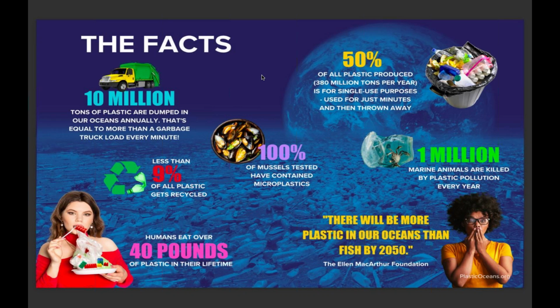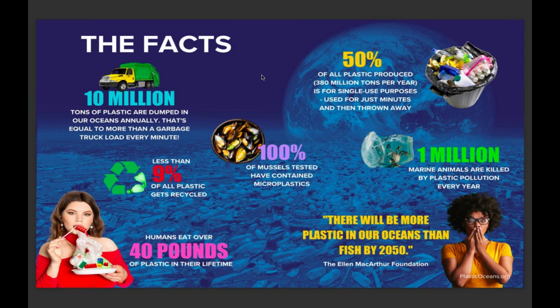With that brief background, now let's have a look at some of the facts. These facts have been taken from internet clippings. What you see here are some of the scary things that you can read from these clips. Such is the huge scale of this problem that nearly 10 million tons of plastics are being dumped in our oceans every year.